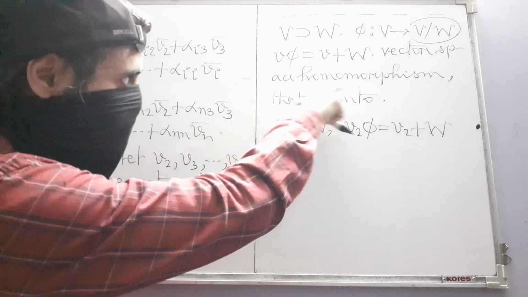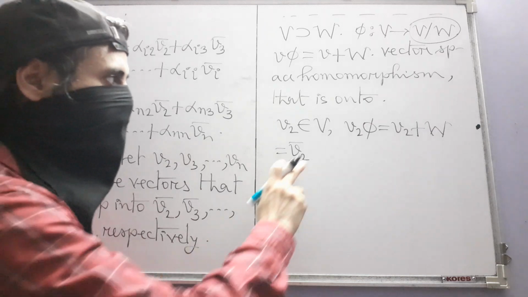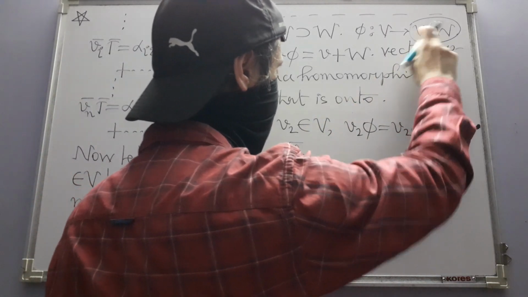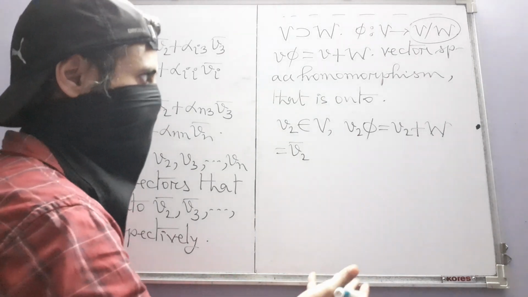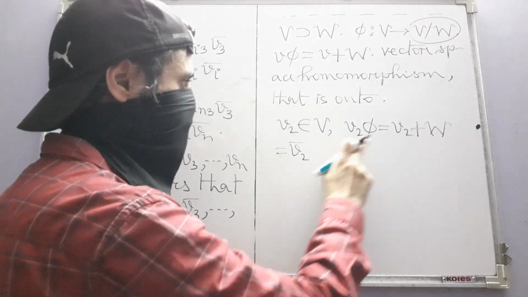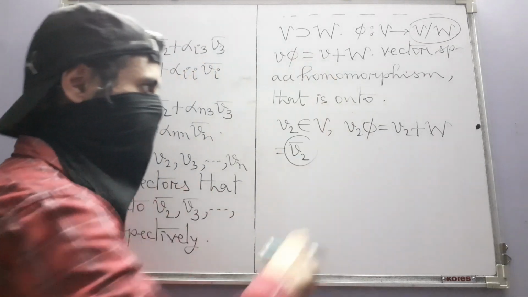Although this homomorphism is onto, it's not necessarily one-to-one. It is one-to-one precisely when W is the zero space. In general, it's not one-to-one. So for a single V2 bar, you may get more than one V2.